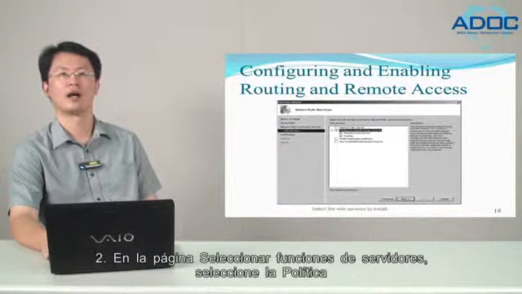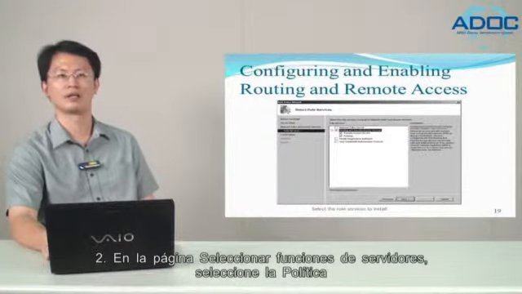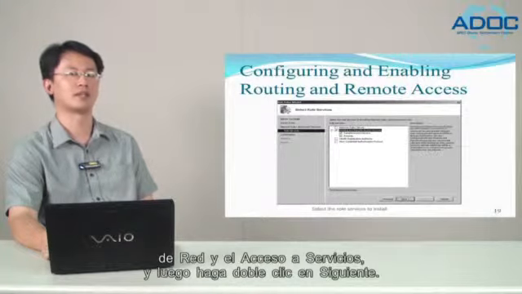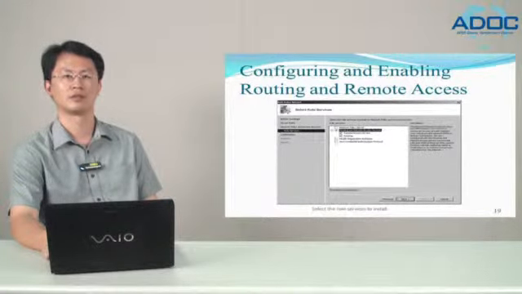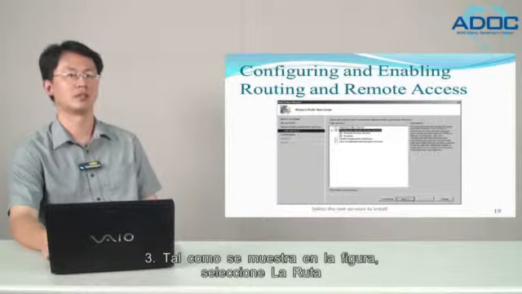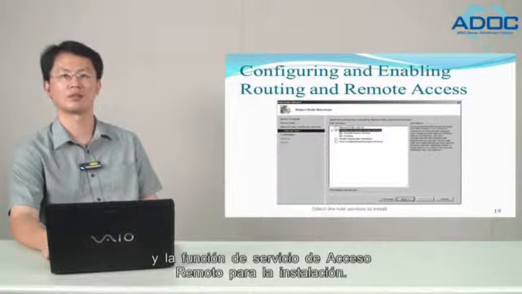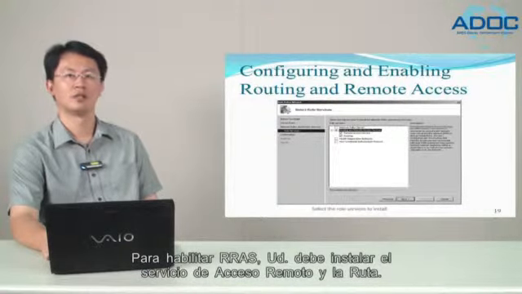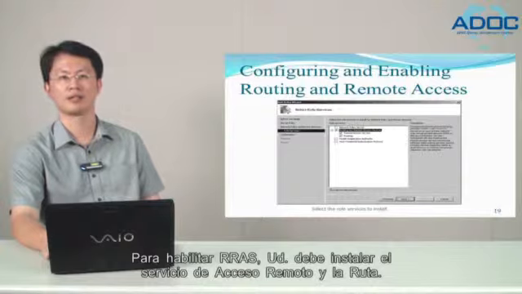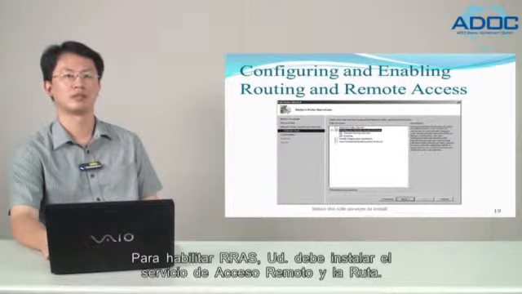Second, on the Select Server Roles page, select Network Policy and Access Services and then click Next twice. Third, as shown in figures, select the Routing and Remote Access Services role service to install it. To enable RAS, you must install Remote Access Service and Routing.